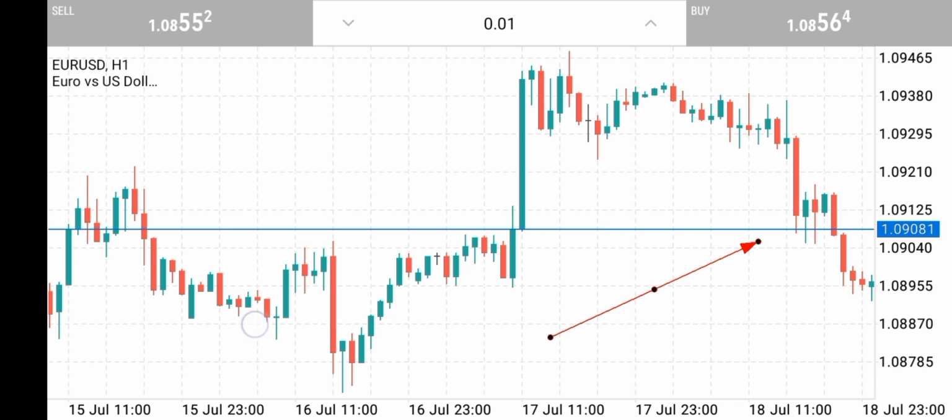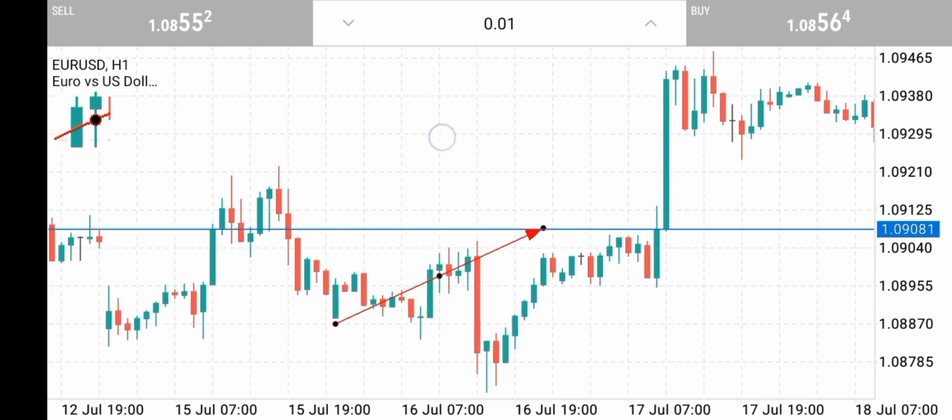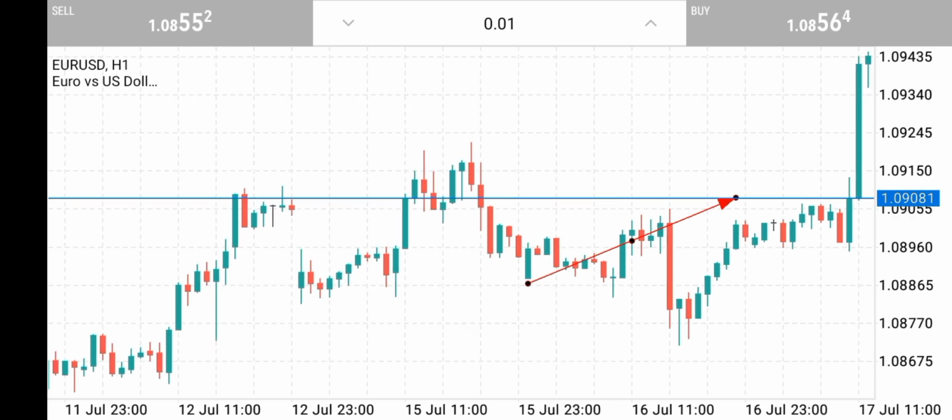So guys, I'll give the example once again. For example, the price is currently here and the price has moved here. So you expect that in the next few hours the price will start dropping from here.